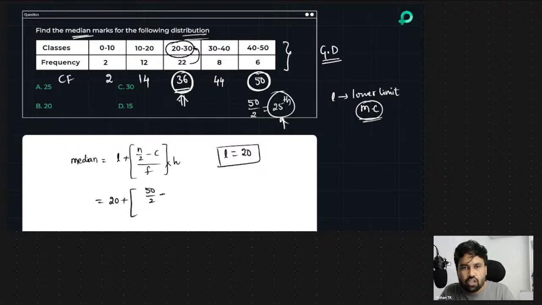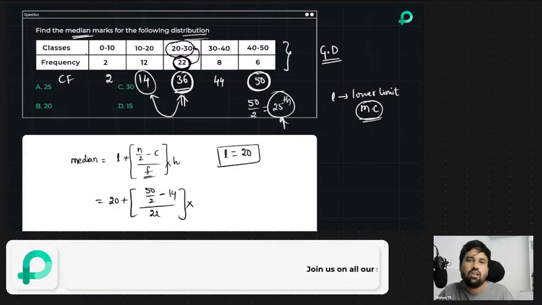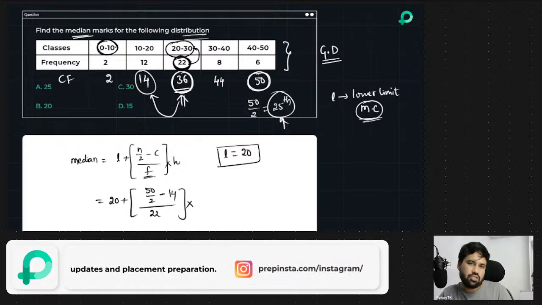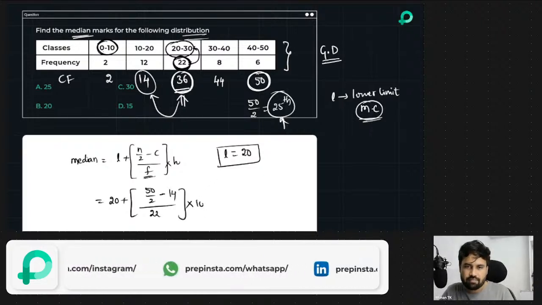So here the value is 14, divided by F, which is nothing but the frequency of the median class. Frequency is 22. So divide by 22. And H is nothing but the range of the class, the difference between the class limits. So 0 to 10 means 10.